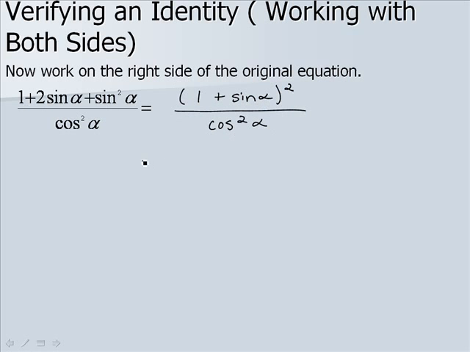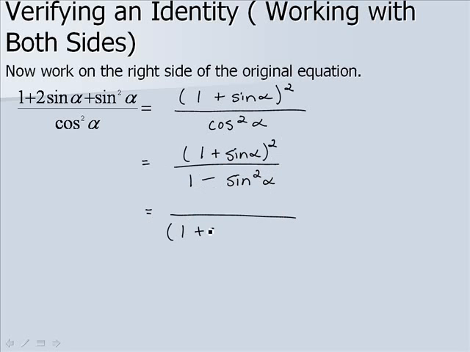Now, cosine squared is the same as 1 minus sine squared. And 1 minus sine squared, if we factor this as the difference of squares, then we'll have 1 plus sine of alpha times 1 minus sine of alpha. And our numerator is still 1 plus sine of alpha quantity squared.